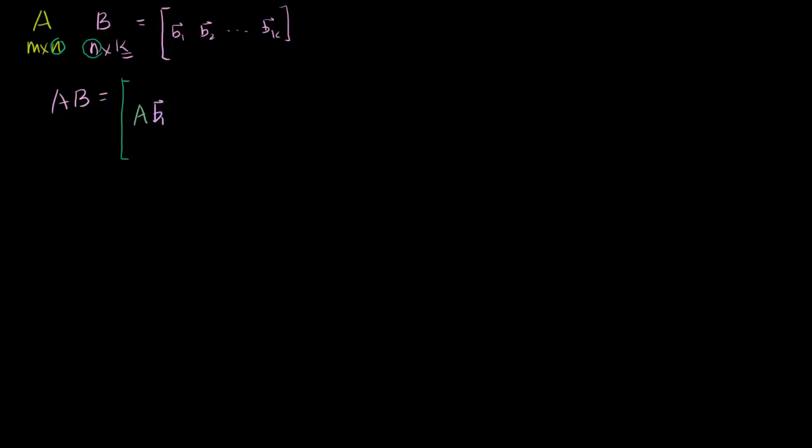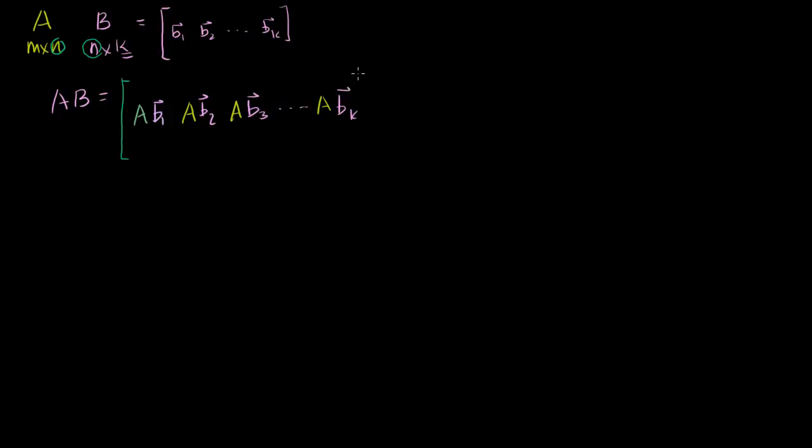And then the second column of our product is going to be A times B2. Our third column is going to be A times B3, all the way to A times Bk.